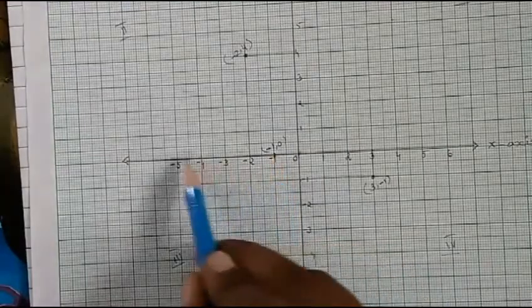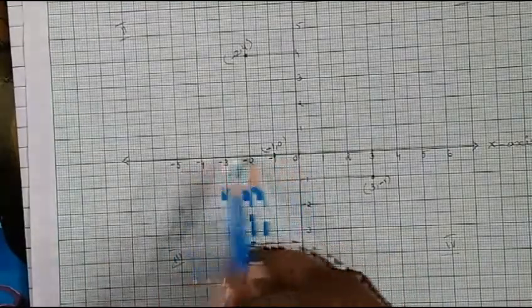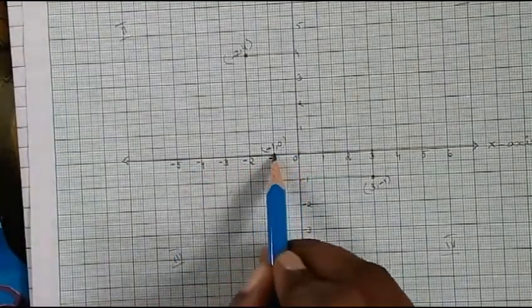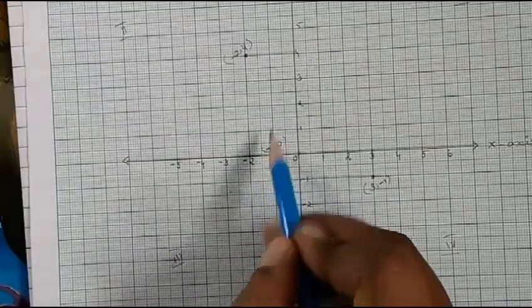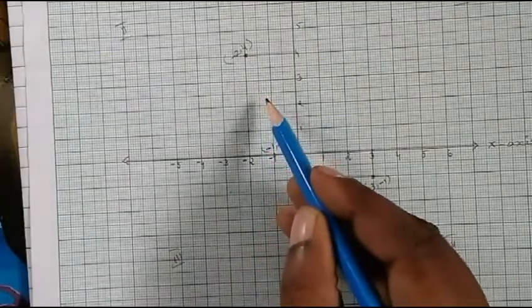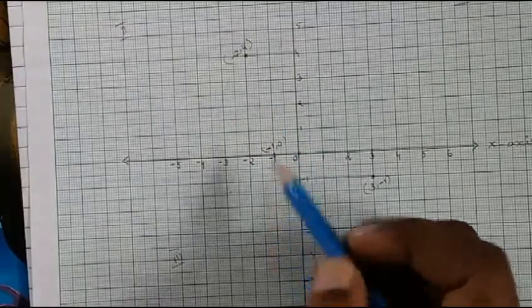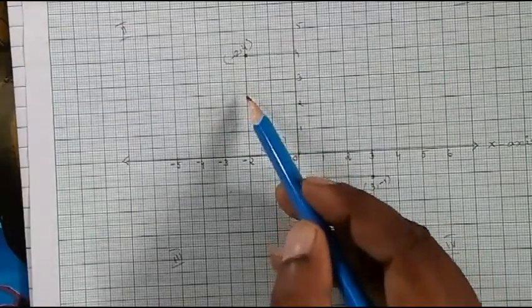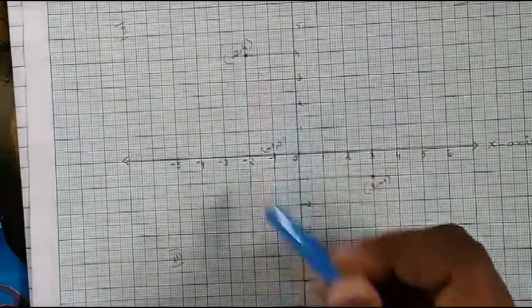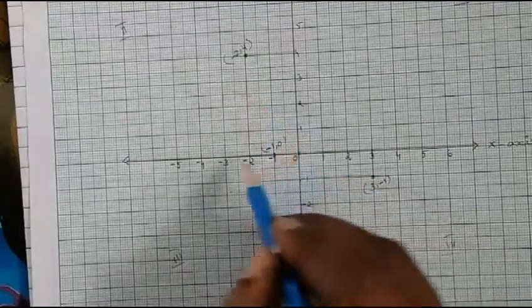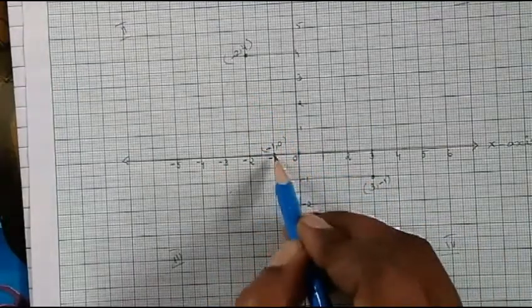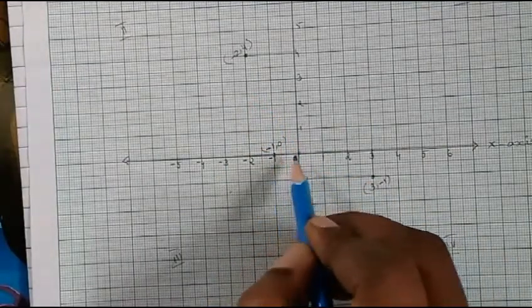So if you see, this point is exactly on the line of the x-axis, on the negative x-axis, right? So it neither falls in this quadrant, nor in this quadrant, neither on the second quadrant, nor on the third quadrant. It is not falling here also, here also. It is on the line only, this point is there.